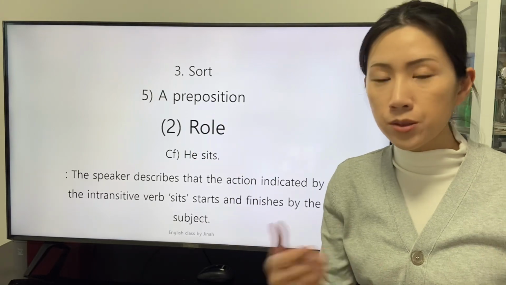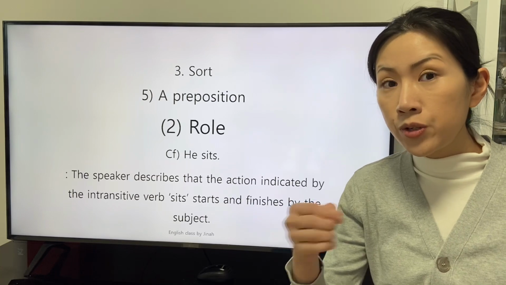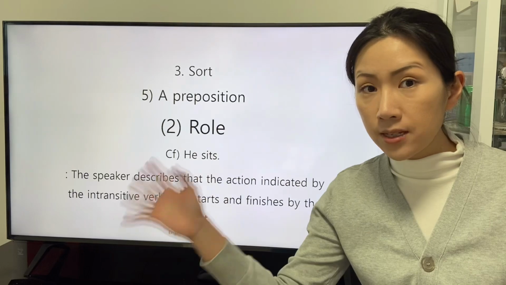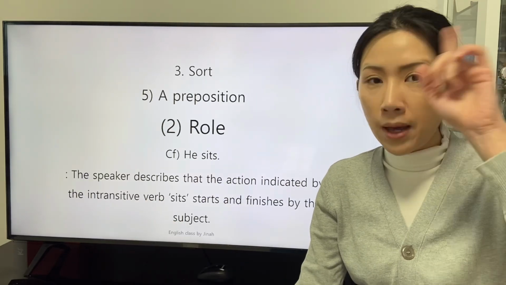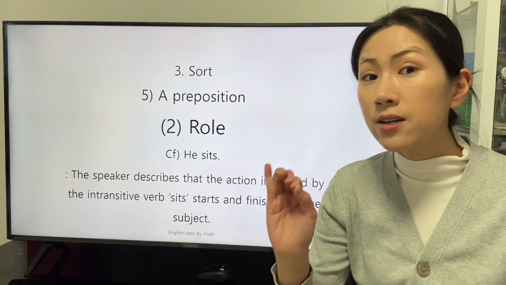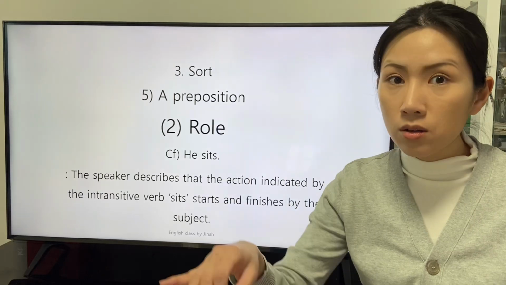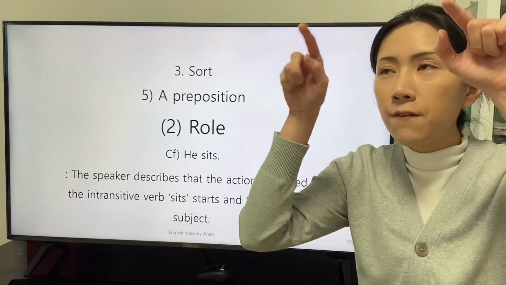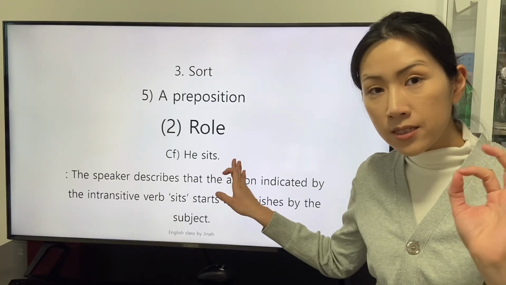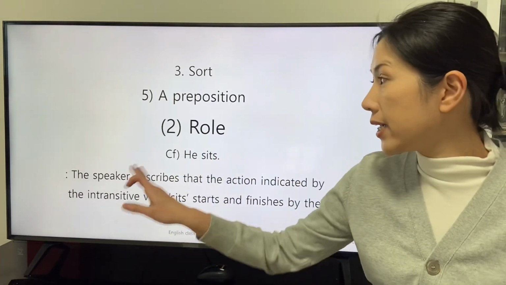There is a green screen that the movie director uses to apply computer graphics to a movie scene. Let's think of a man who sits, but we do not think of the chair or a place that he sits on. We just think of his action, just like this. Then this clause describes only the action of the subject, he.